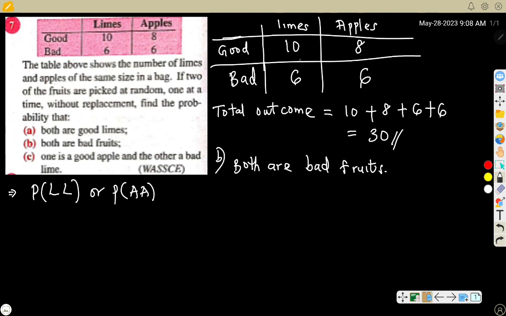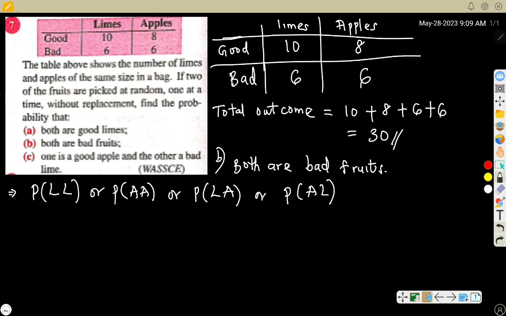That is, if both are bad fruits, it is either lime or apple. And it can also be one bad lime and one bad apple. We can have combinations of bads. Since the question did not mention, we have all the possibilities, including the probability of one bad apple and one bad lime. So these will be our possibilities.